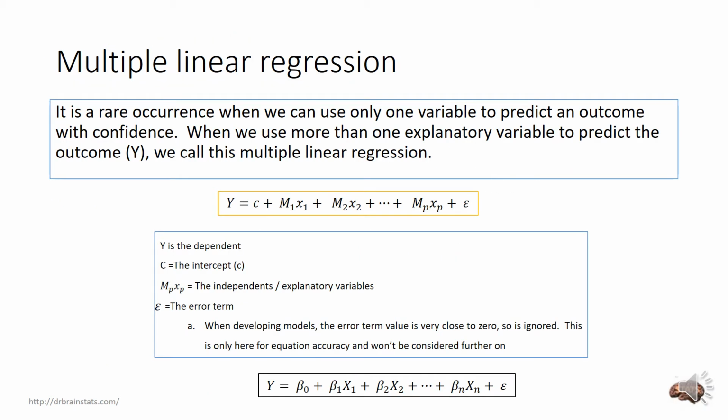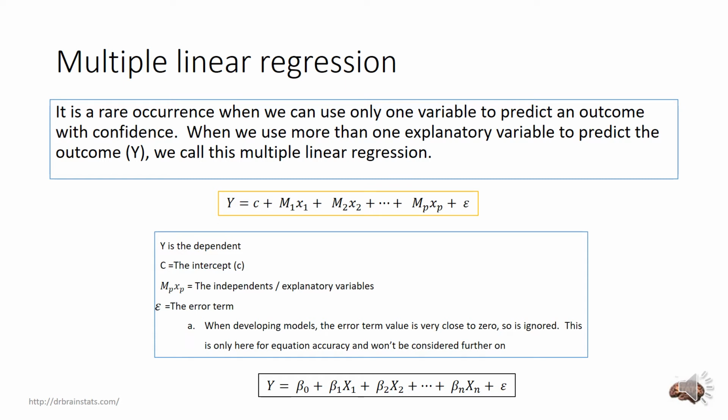Our next stage is to investigate multiple linear regression. It's a rare occurrence when we just have one variable to predict an outcome with confidence. When we use more than one explanatory variable to predict the outcome, we call this multiple linear regression, where y is the dependent variable, c is the intercept, x1 to xp are the independent or explanatory variables, and the error term.